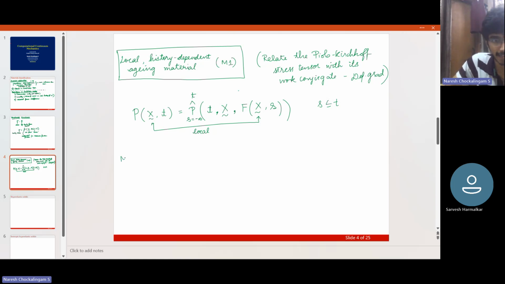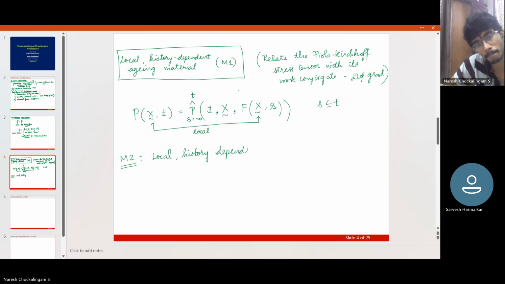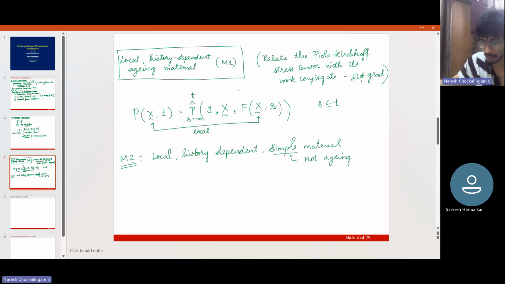Now let's look at another category M2, which can be local. Again, it is local. It can be history dependent. But simple material. So simple in this case means not aging. So what do we mean by not aging?